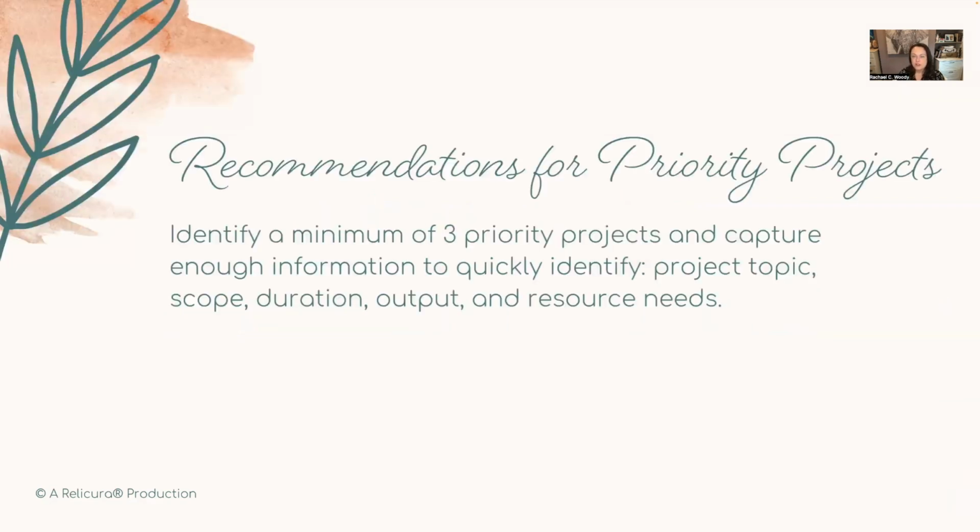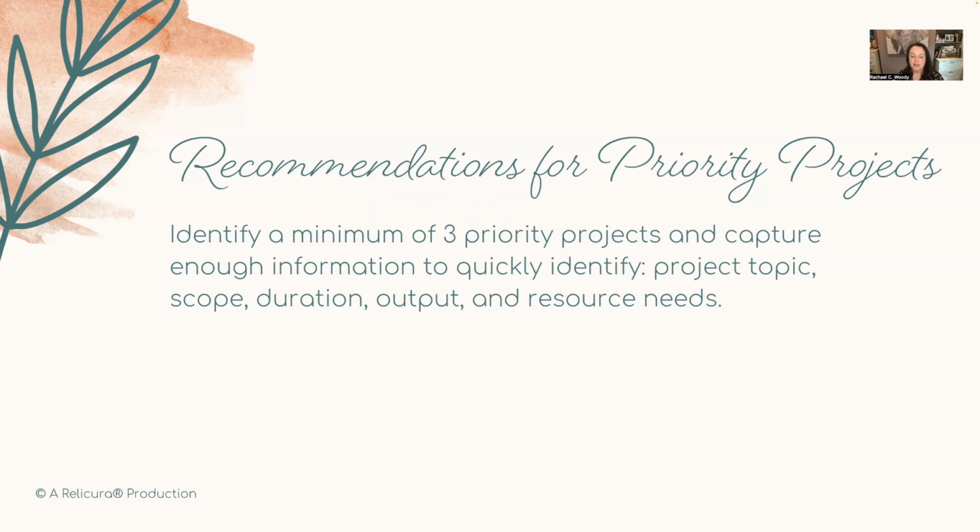So the first piece of this, which is probably of most interest to everybody and is a piece that we typically include in the collection plans we do with our clients, is a recommendation for priority projects to come up next in these 3 to 5 years. So based on what we know, based on the policies and the management that we've just established in this collection plan, what needs to happen next?